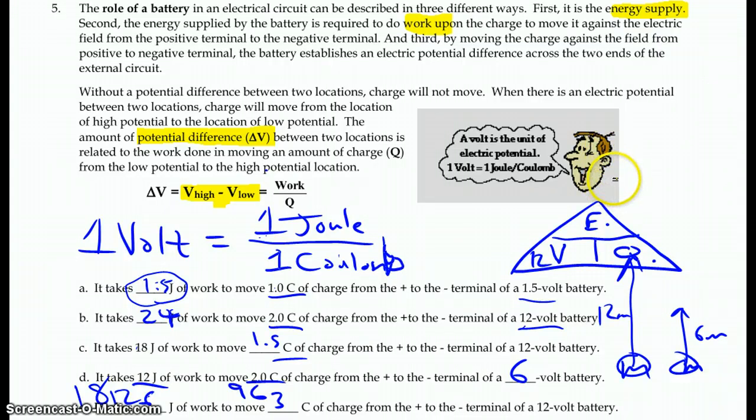And the reason you would use one battery over the other is simply the number of joules that it could move. A larger battery filled with more chemicals can move more coulombs over a period of time.